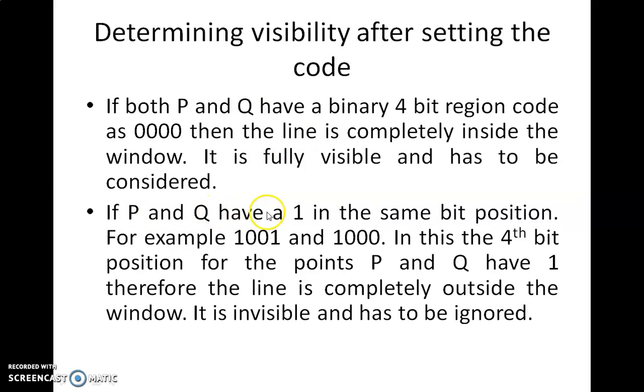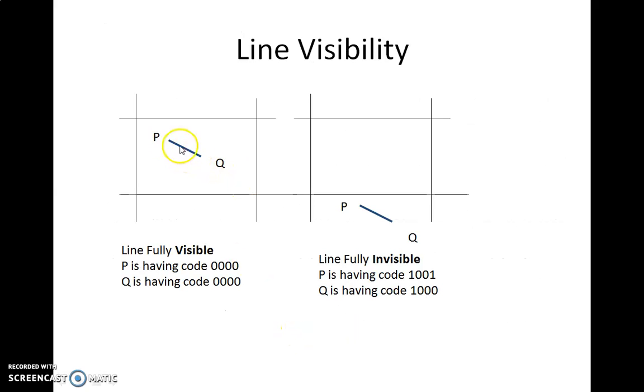If P and Q have 1 in the same bit position, for example, if P has 1001 and Q has 1000, that is, in the 4th bit position both points have 1, then the line has to be completely ignored. It is completely invisible. Here P and Q having all zeros in their 4 bits means it's completely inside the region. Here they have a common 1 bit. This 1 bit can be in any bit position. Here I have shown you in the 4th bit position.